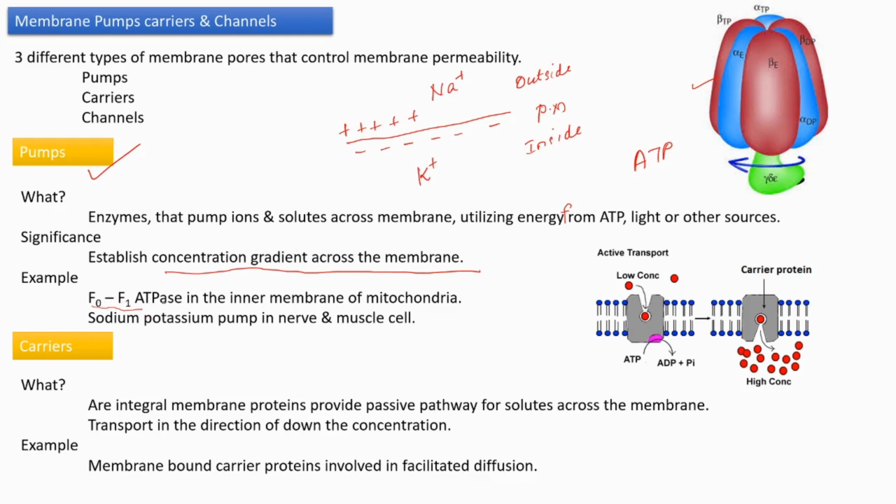F0, F1 ATPase is an example of a pump. Another example is the sodium potassium pump. It is present in nerve and muscle cells because these are the most excitable cells. So there, the sodium potassium pump is very significant.